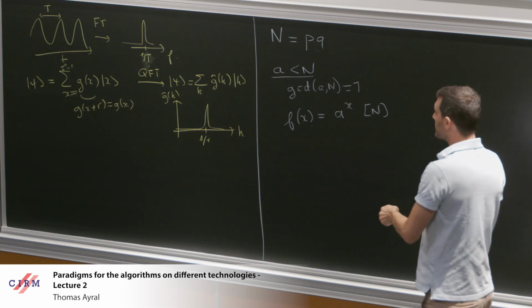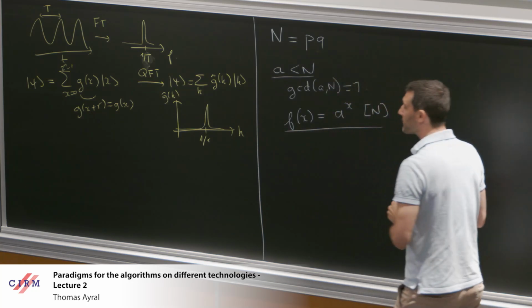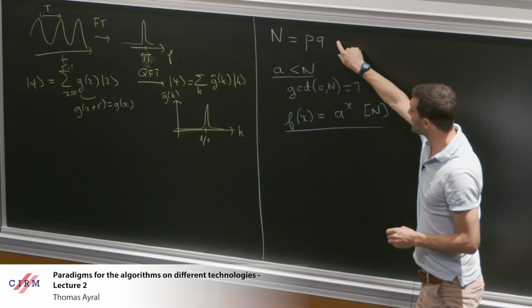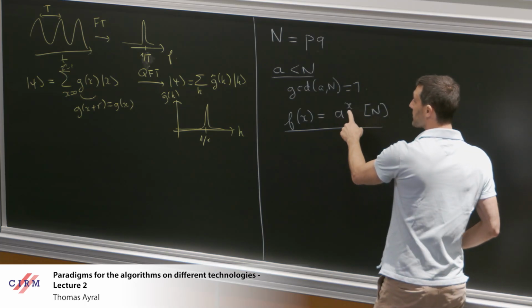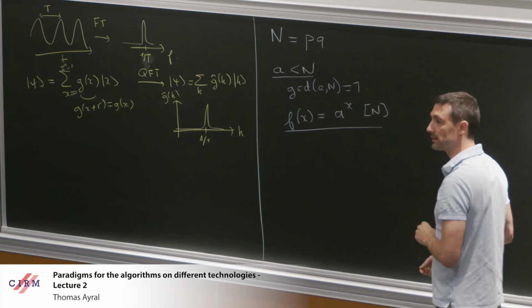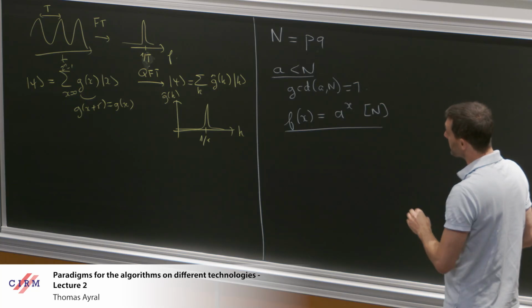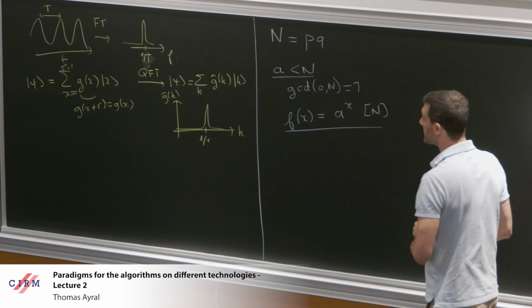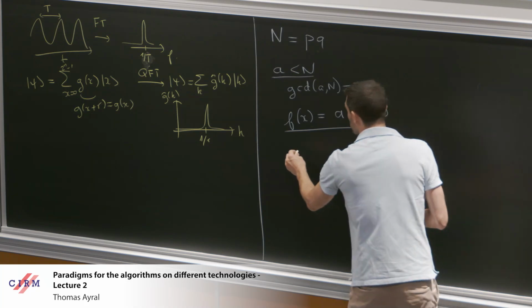But now you should believe me for now that all I have to do if I want to factor those two numbers is to find the period of this function corresponding to a to the power x modulo n. Okay? And so now I want to explain to you briefly why this can be used in a Fourier transform, because now the question is, how do I produce a state?